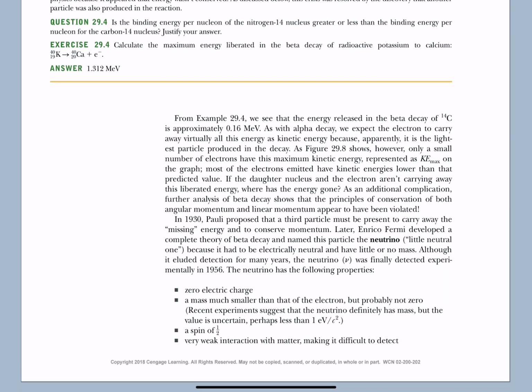Now, when this was first realized and people were beginning to understand what beta decay is, the beta particle is an electron that gets created when one of the neutrons breaks down or decays into a proton and that beta particle.